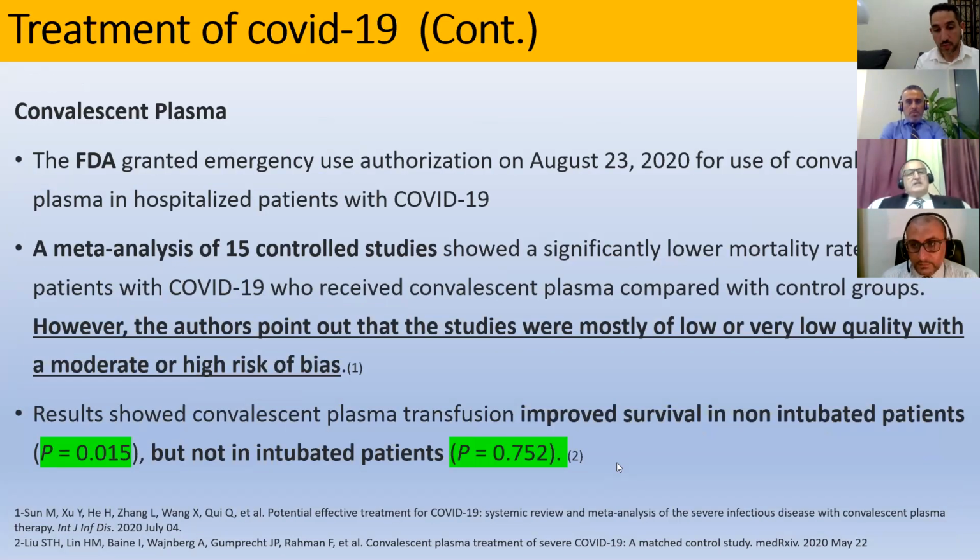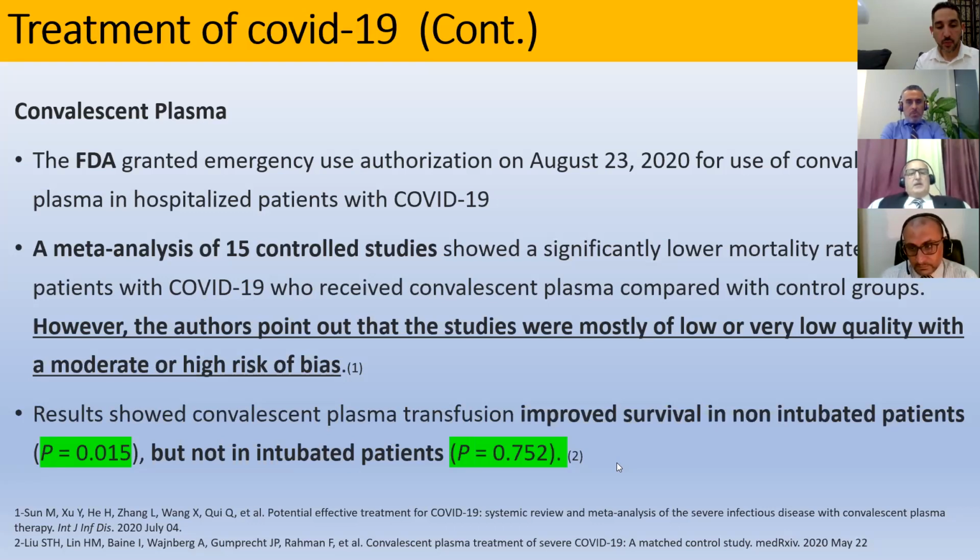For convalescent plasma, the FDA granted emergency use from August 23rd, 2020 for hospitalized patients with COVID-19. And the meta-analysis of 15 control studies showed significant lowering of mortality if used in the early stage, before desaturation of the patients or before the patient is on mechanical ventilator.